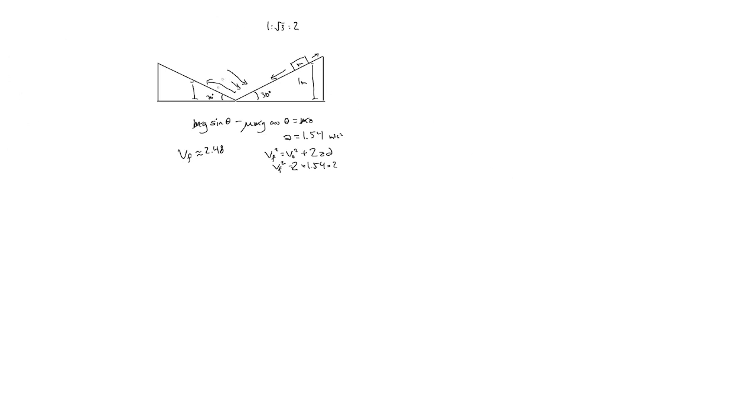So for this portion, right, our net force is going to be equal to negative mg sine theta minus mu mg cosine of theta, which is equal to mass times acceleration.